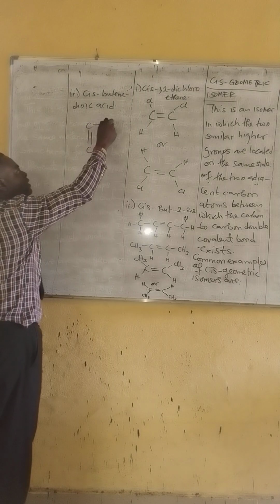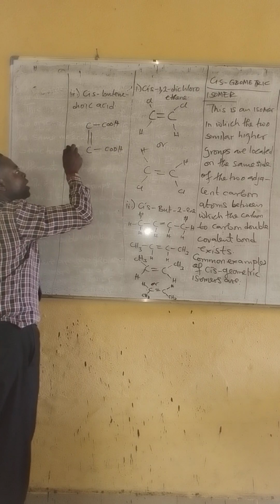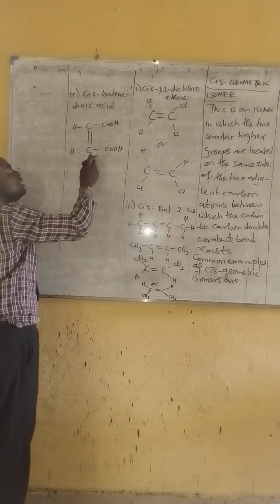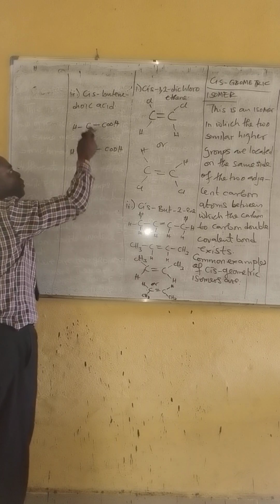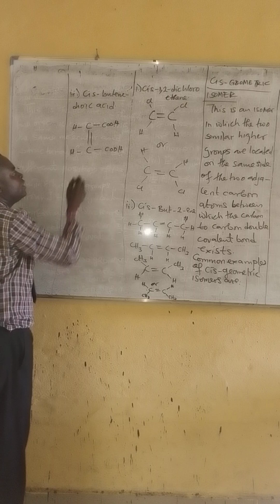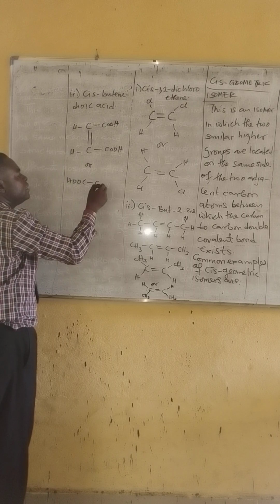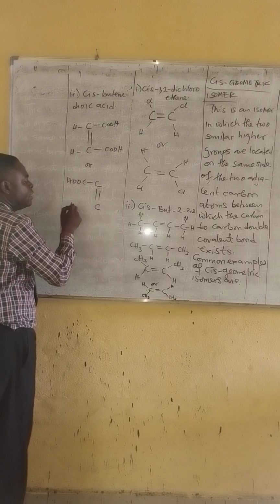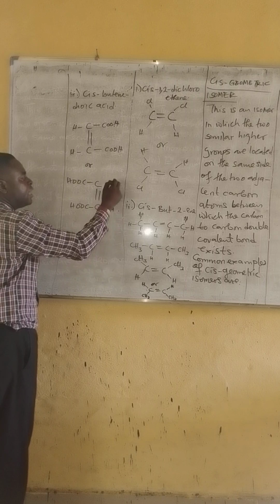Then we can decide to have COOH here, COOH here, and one hydrogen here, one hydrogen here. These are the two higher groups on the same side of the two adjacent carbon atoms separated by a double bond. You can decide, or you can also have it as HOOC. Then you have a double bond here, another HOOC. Then you have hydrogen there and hydrogen there.